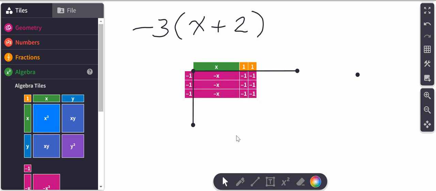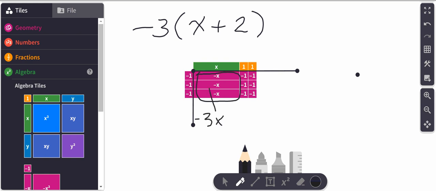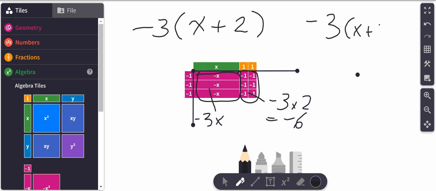So what happens here is this part is negative 3x, and this part would be negative 3 times 2, which is negative 6. So when I look at it in a more abstract way, if I'm distributing, negative 3 times x is negative 3x, negative 3 times 2, be careful, even though that sign says plus, when I multiply by a negative, I get a negative.